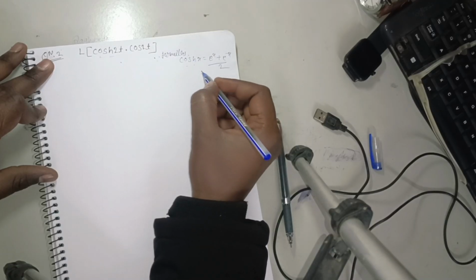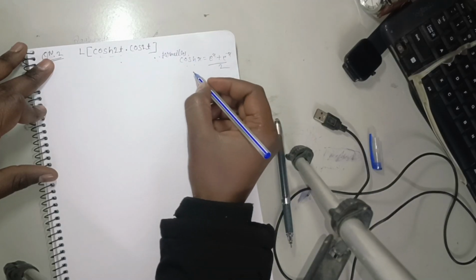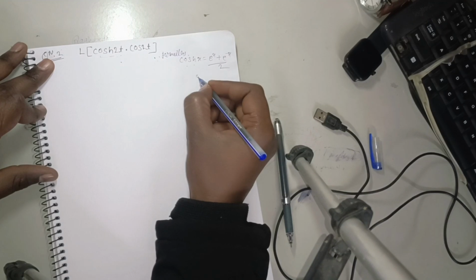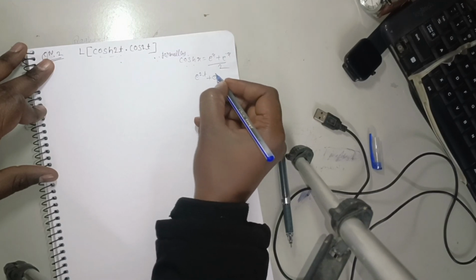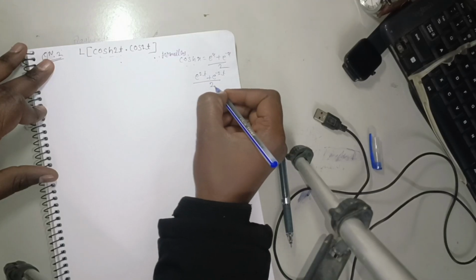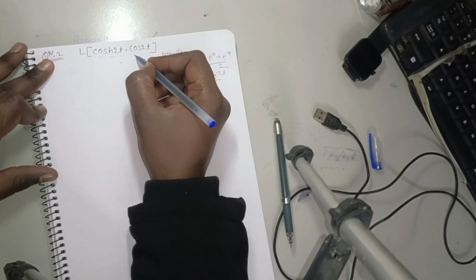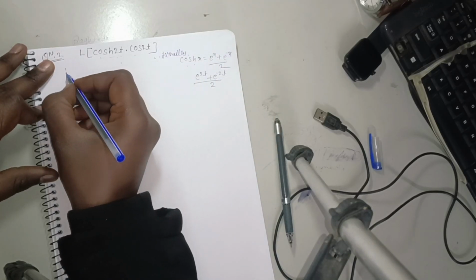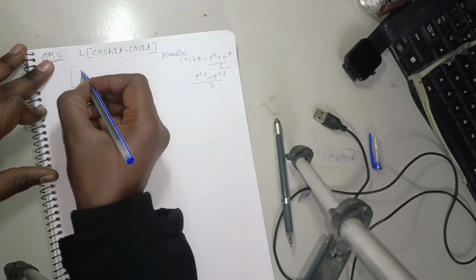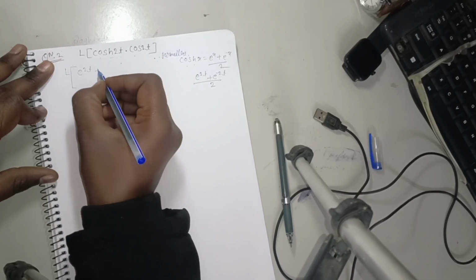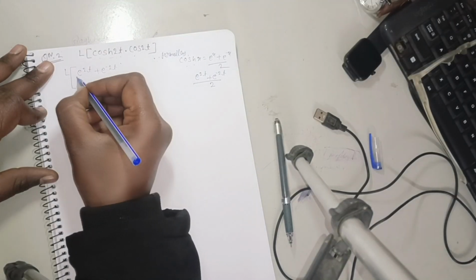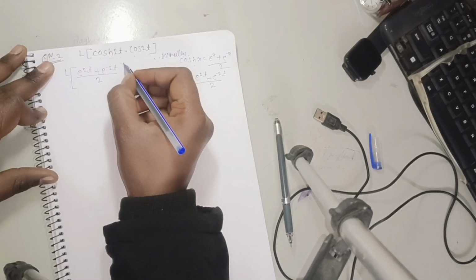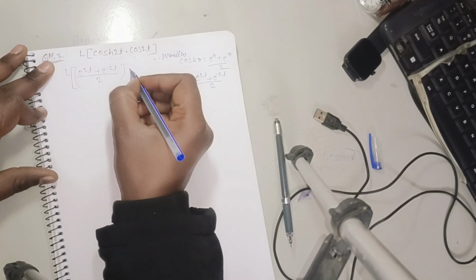So here we have t in the form of 2t also. So e to the power 2t plus e to the power minus 2t upon 2. Okay, now here is cos 2t. So I will simply multiply it. So I can write Laplace of e to the power 2t plus e to the power minus 2t upon 2 into cos 2t.